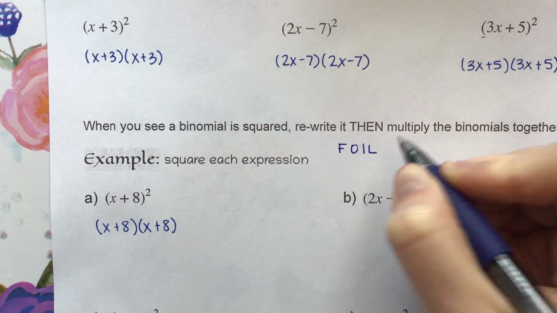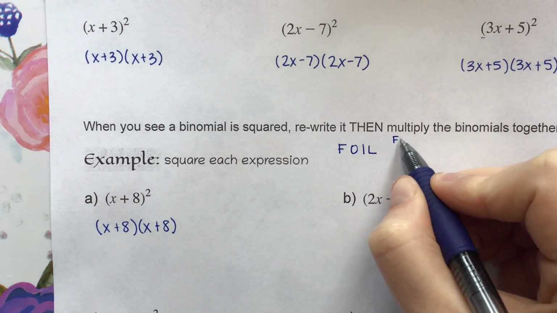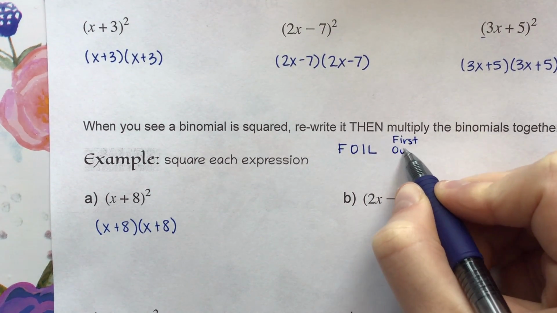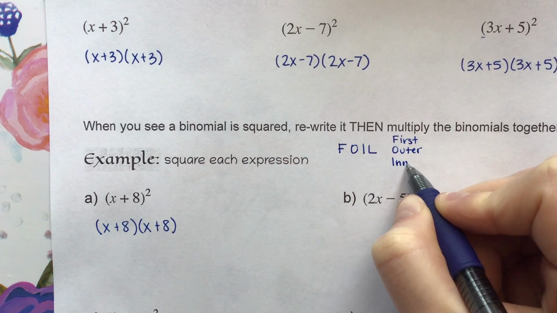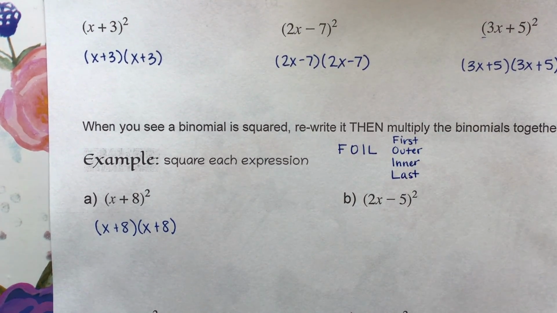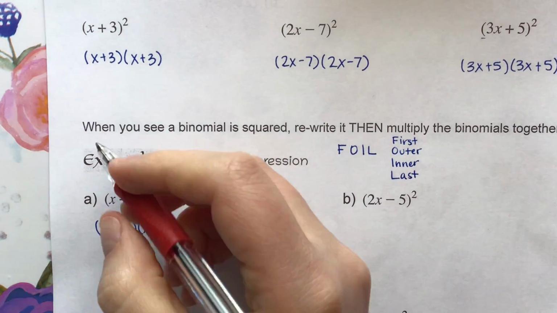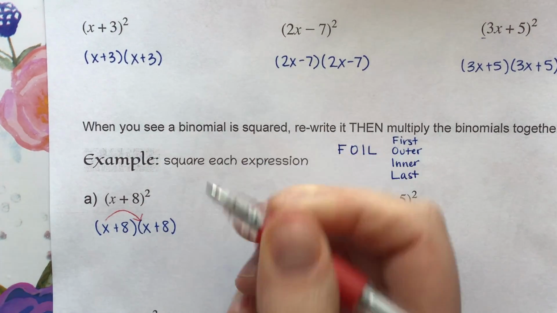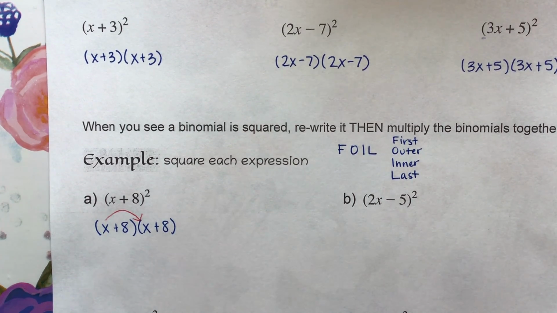FOIL stands for first, outer, inner, and last. Let's take our first terms of each set of parentheses and multiply them together. X times x gets us x squared.